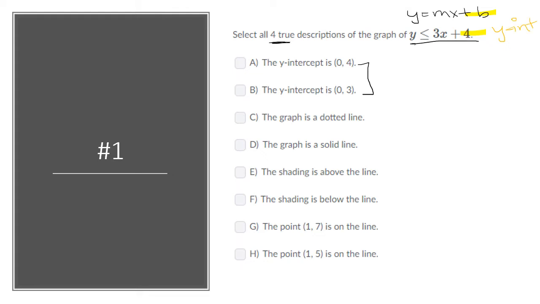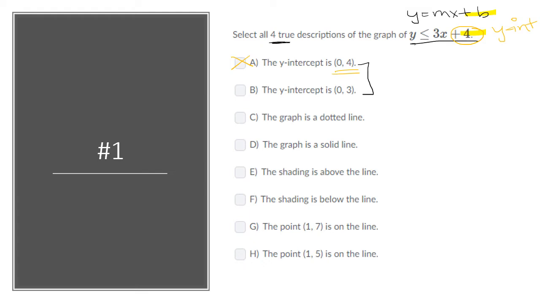Clearly here in this inequality, my y-intercept is 4. So 0, 4 is going to be one of my true descriptions. It's at 0 because when we go through my y-axis, the x-value for any y-intercept is always 0.